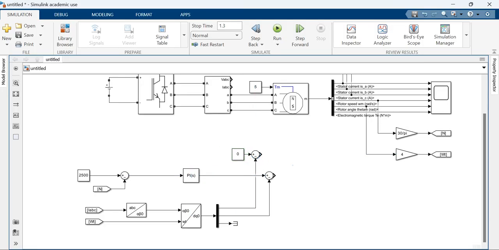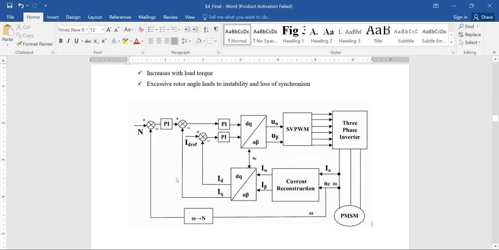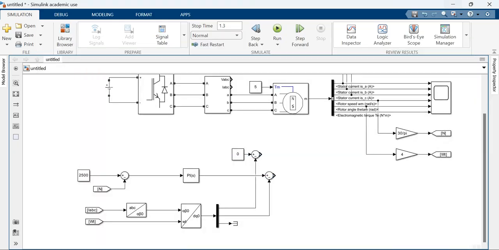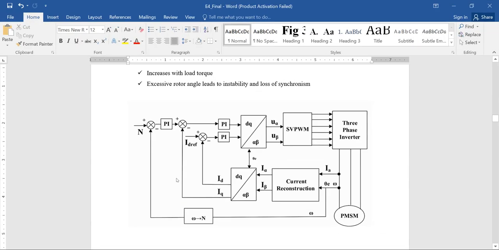Now this DQ has come here, and this DQ has to be given to two different PI controllers. So let me take a PI controller here, put it, and let me take another PI controller here, put it. And these two are both given here. Then let me take the SPWM DQ to alpha beta again.